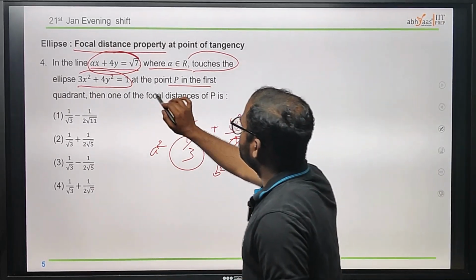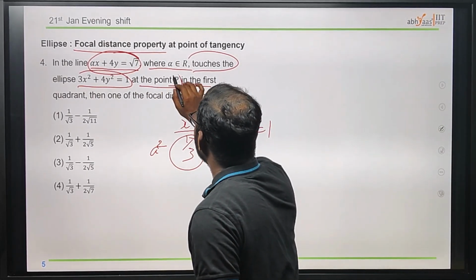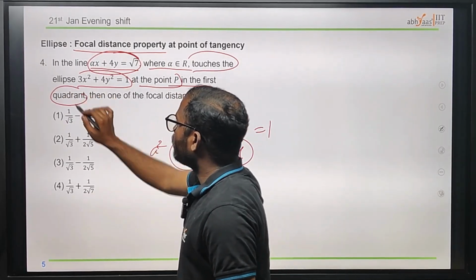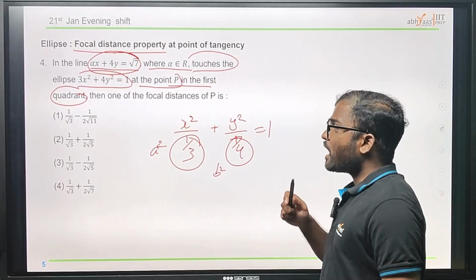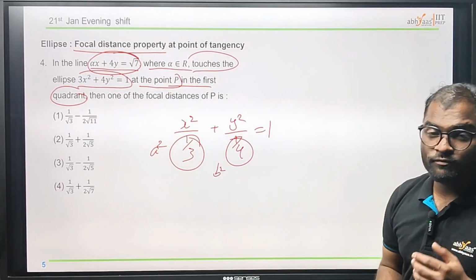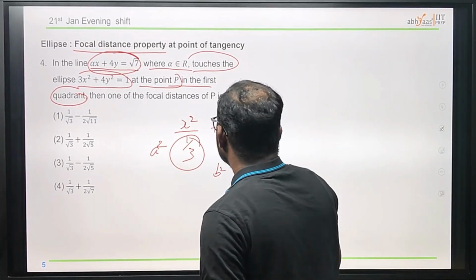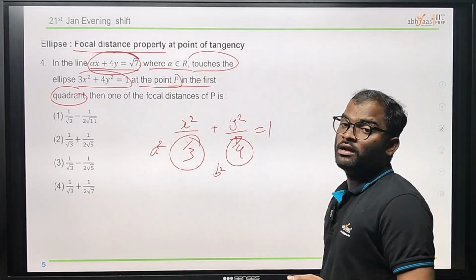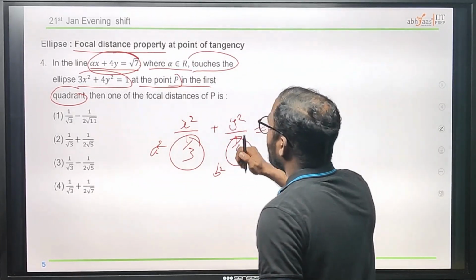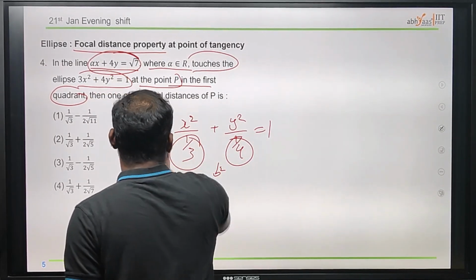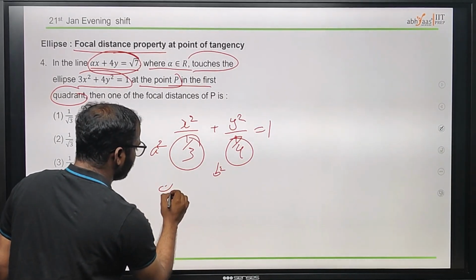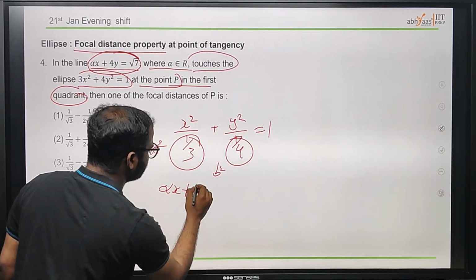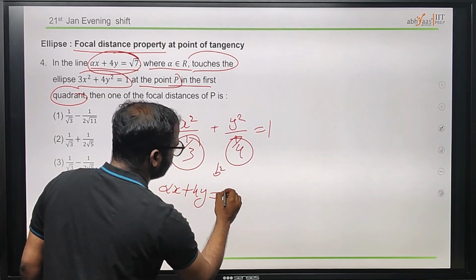Now we set point P in the first coordinate. To find alpha, we have to make sure that alpha is present in the first coordinate. First we take the slope form. We have the line alpha x plus 4y is equal to root 7.